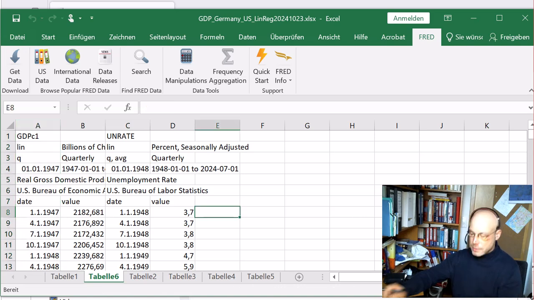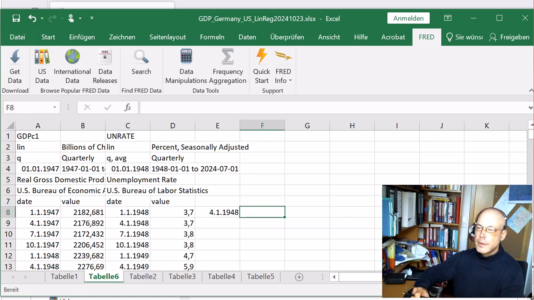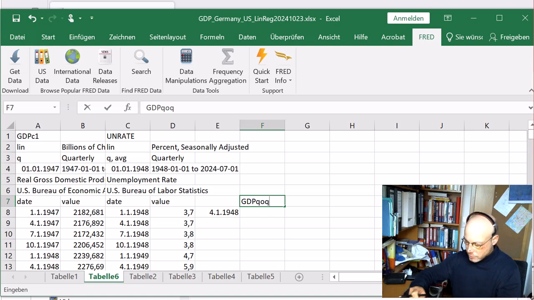Now I save it. Then starting at the second quarter. This was GDP QOQ in percent and the change in unemployment in percent.